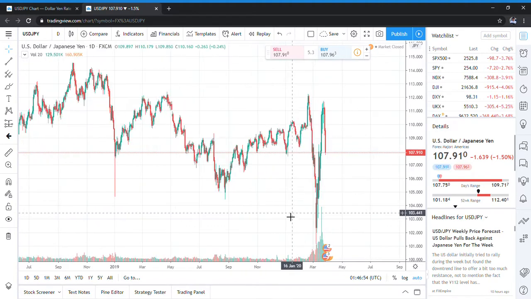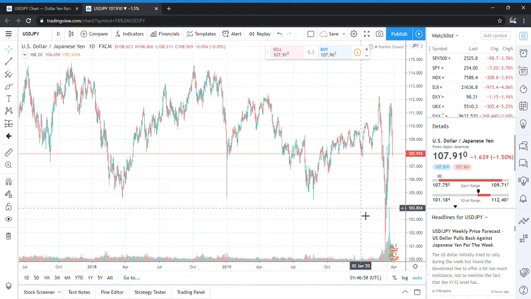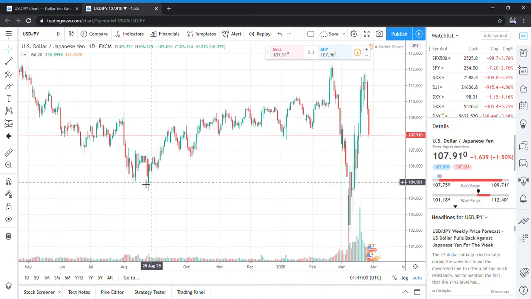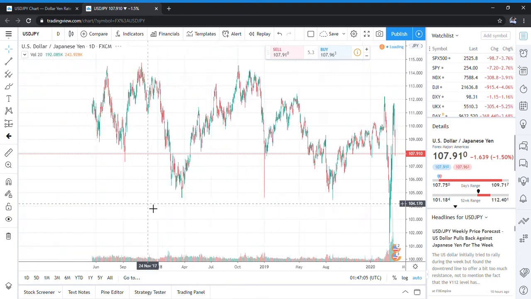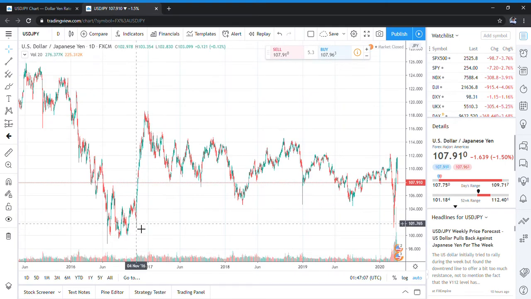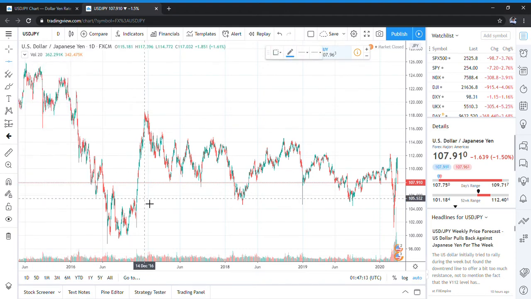Let's take a look at some resistance areas. We can see there's a little bit of resistance right here. Yeah, so we've got some support here. Put the horizontal line just about here. We've got some good support here.